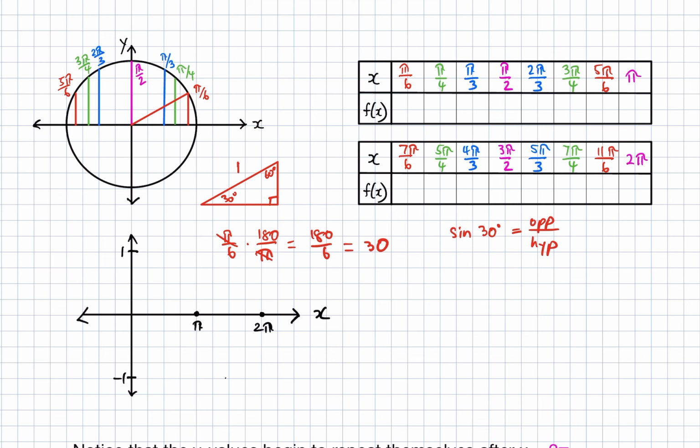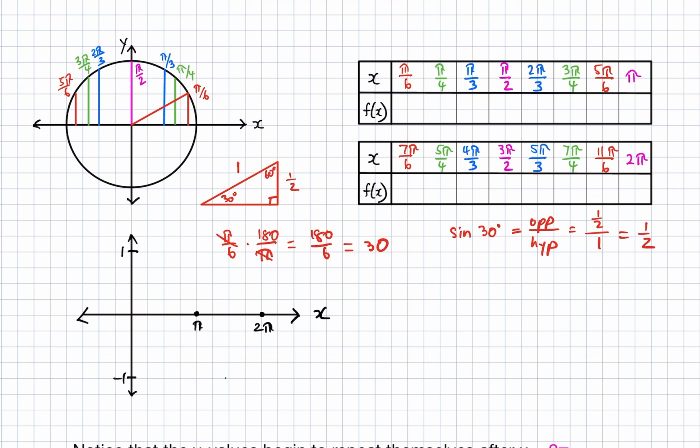So if that is 1, then this length here has to be 1/2. And so when we take the sine of 30 degrees, that's going to be 1/2 over 1, which is equivalent to just 1/2.